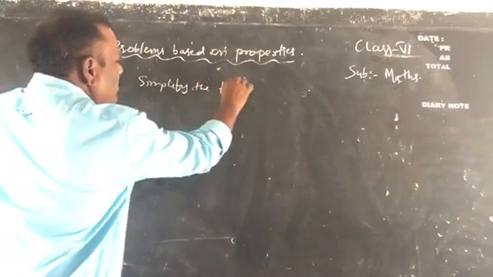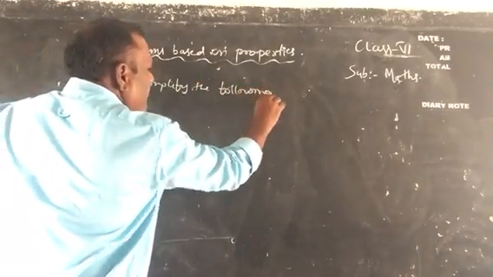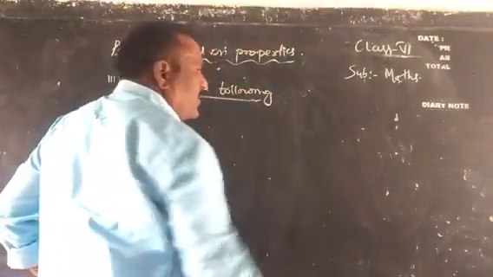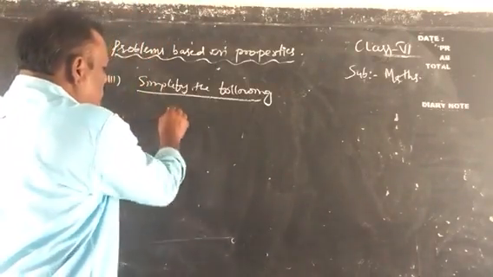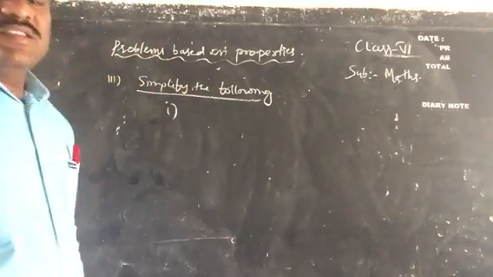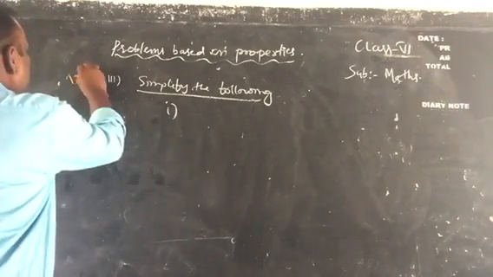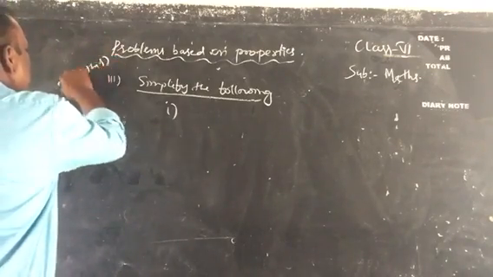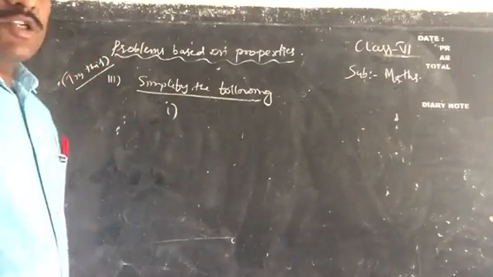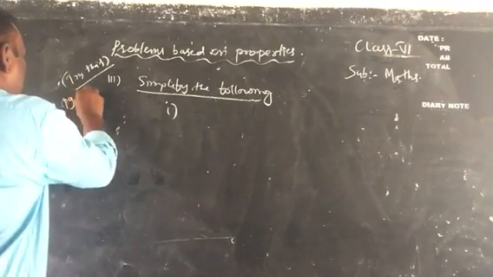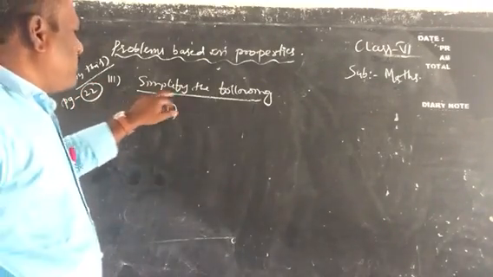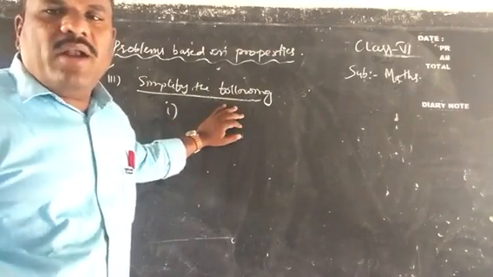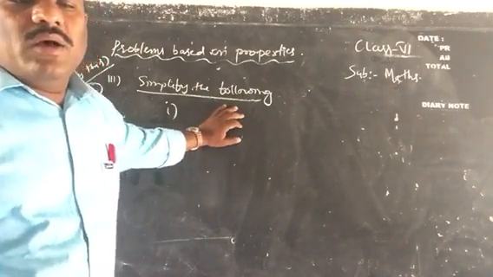This is in the textbook, children. Try this, textbook page number 22. Try this, children. Simplify the following by using the commutative and associative property.